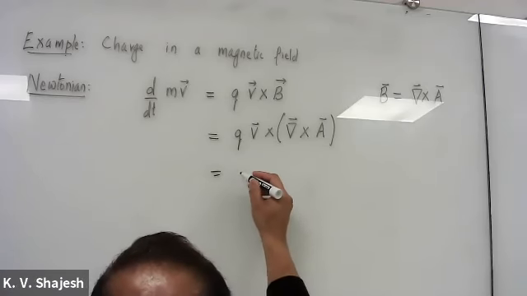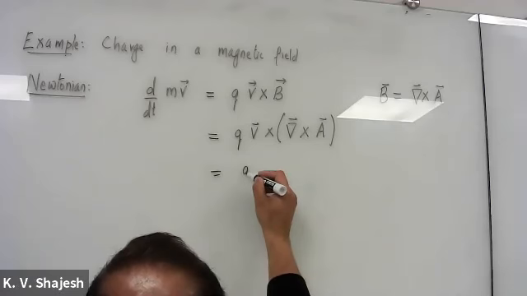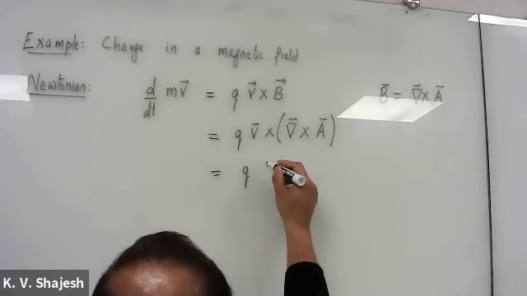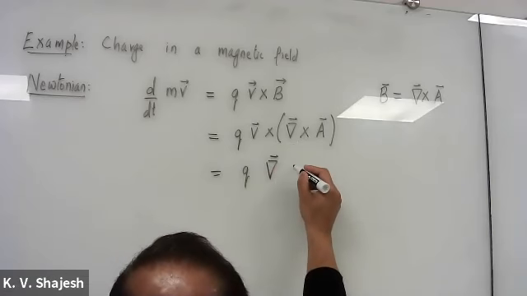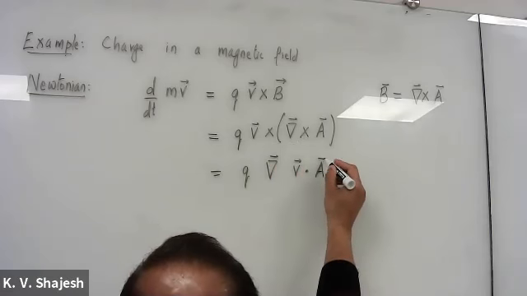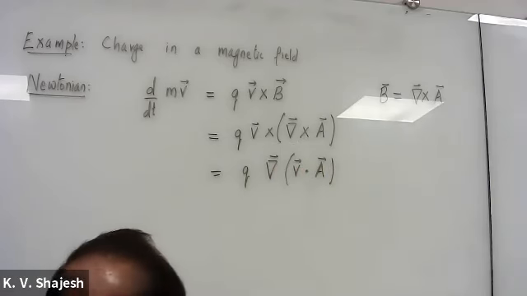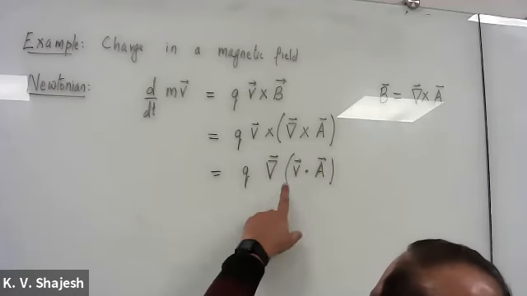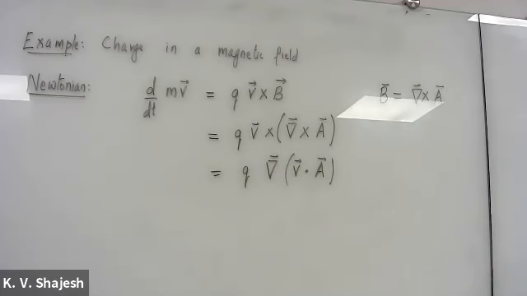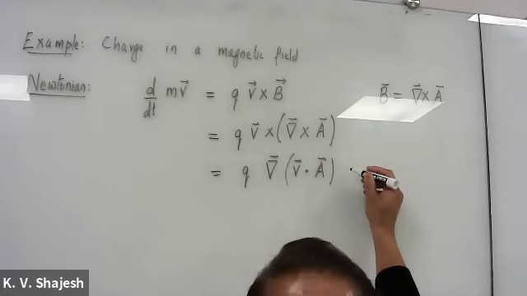Let's expand this out. So we have Q times the gradient of V dotted with A. Here I have assumed that V actually does not depend on the coordinates. It is only a position of the charge dependent quantity.